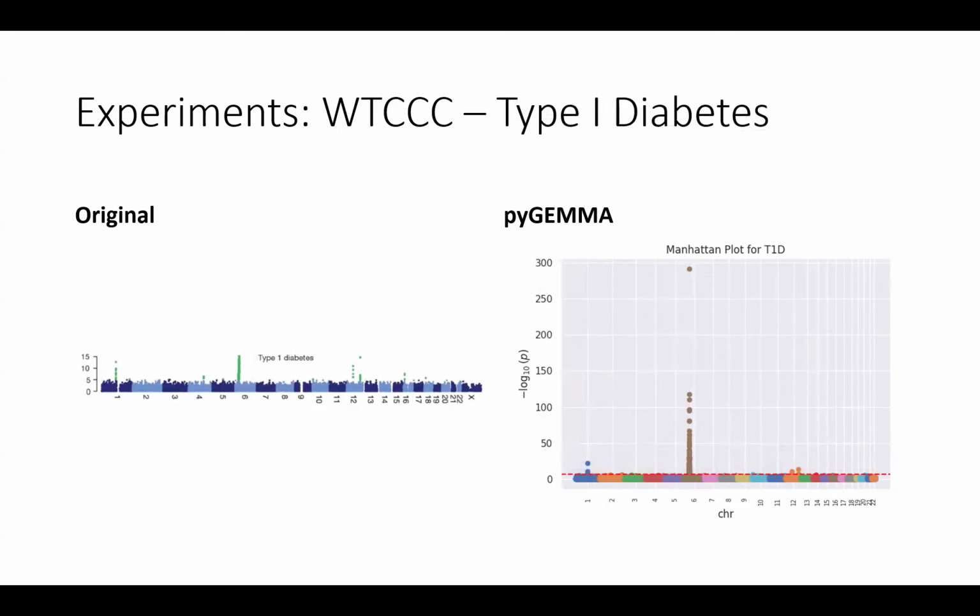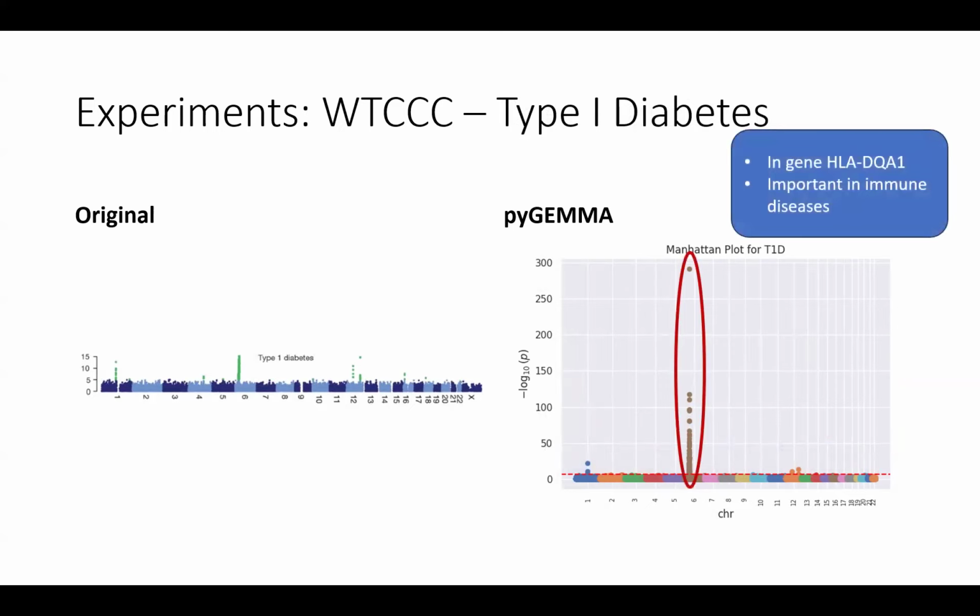In type 1 diabetes, you see this spike at HLA-DQA1. This is something that has been seen to be important for other autoimmune diseases in general. So important again that we see it, they see it. And again, the PTPN22 gene that controls immune cell activity and T cells.